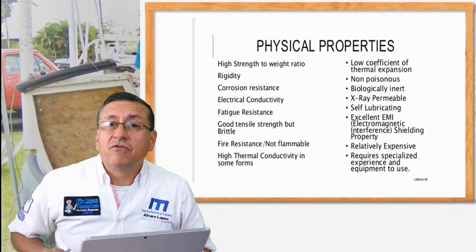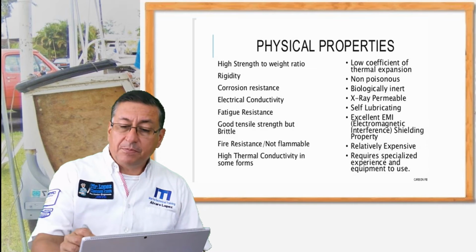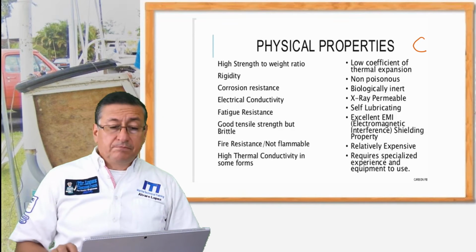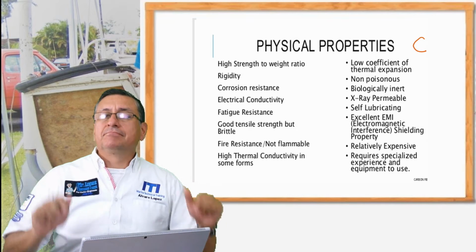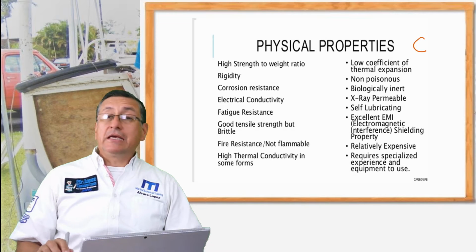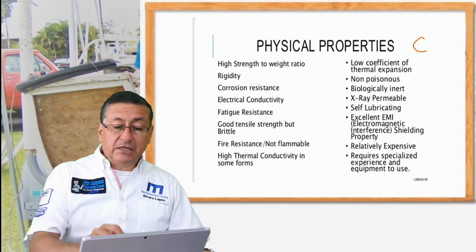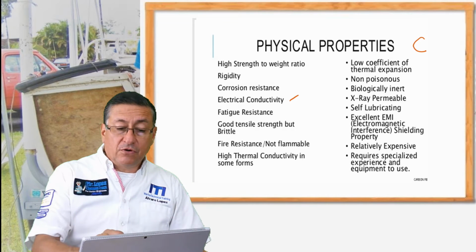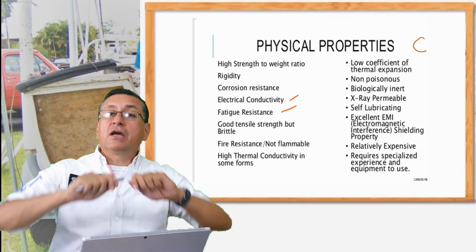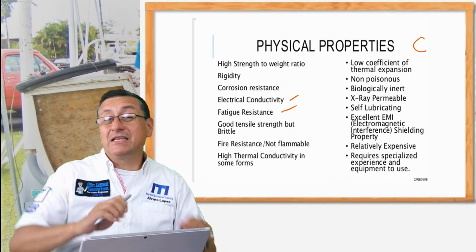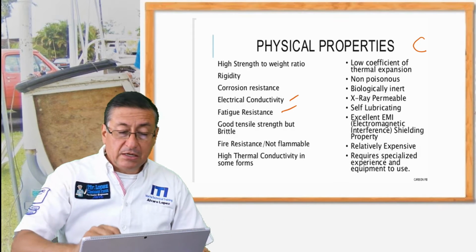Physical properties of carbon. It is rigid, has high resistance to corrosion, in some cases is a good electrical conductor, is excellent for fatigue, has good tensile strength, but is brittle, easy to break.